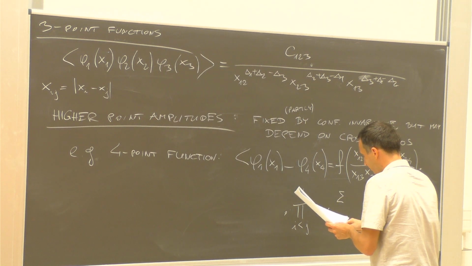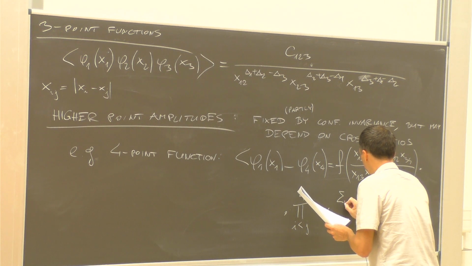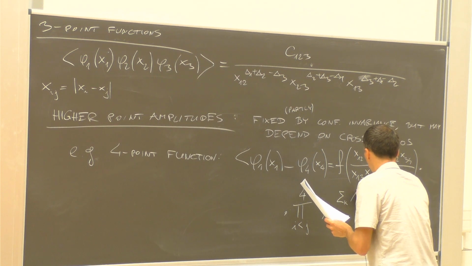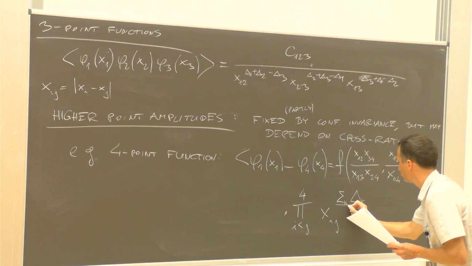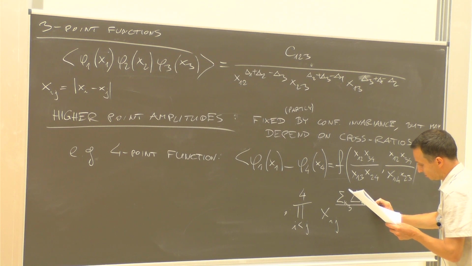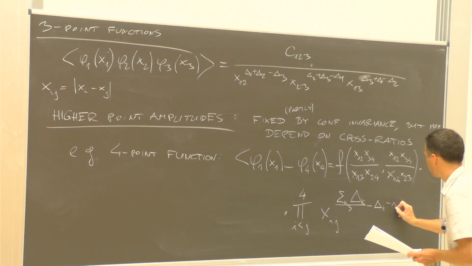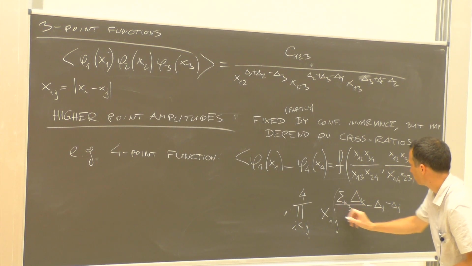There are also these differences xij, and some exponent which is a function of the dimensions of these fields. So this is the sum of these dimensions divided by 3, and I subtract delta i and delta j, where i and j are in this product. So all that is in the exponent.